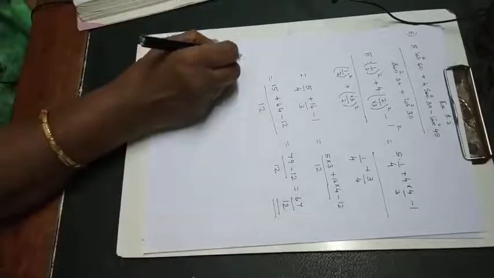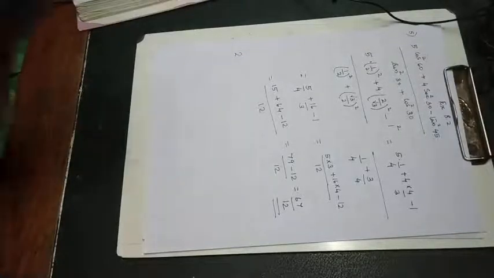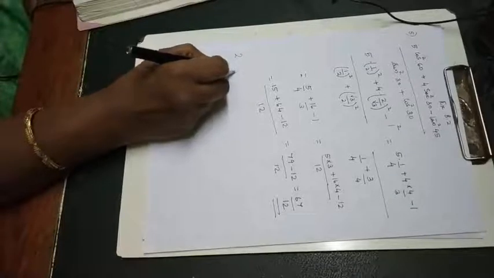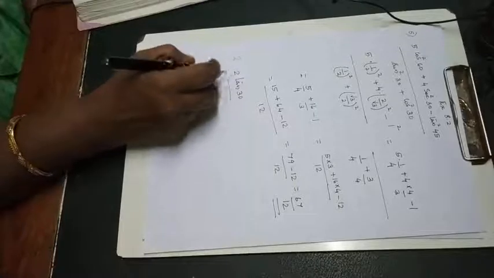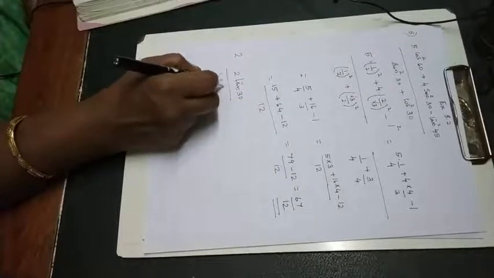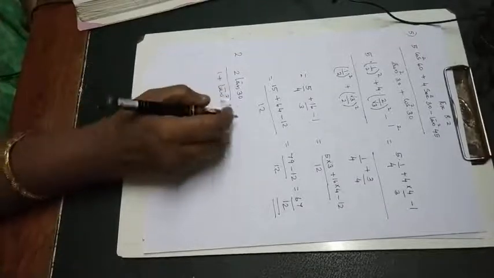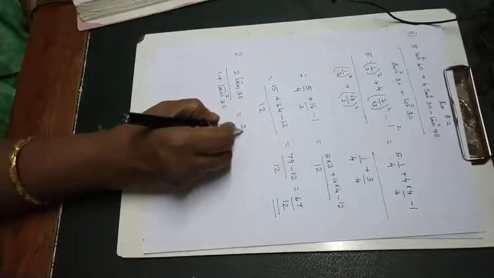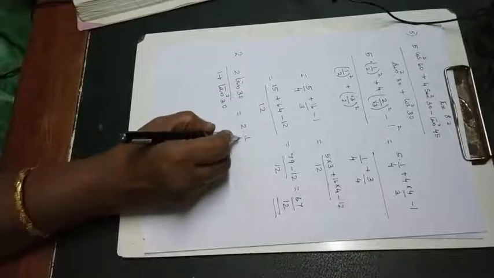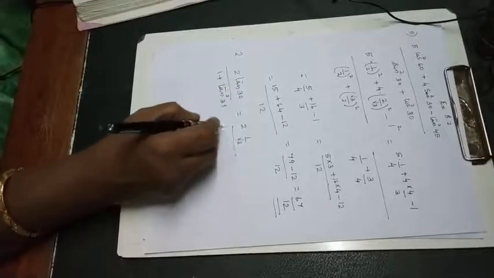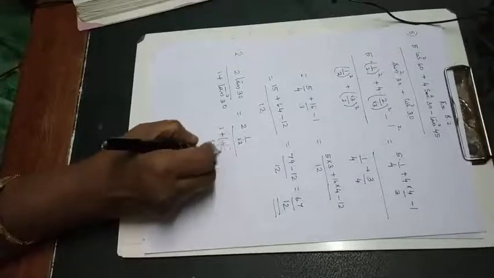Now second one, choose the correct option and justify your choice. 2 tan 30 by 1 plus tan² 30. So 2 into tan 30 value. Tan 30 value is 1 by root 3. Then 1 plus tan² 30, 1 by root 3, the whole square.